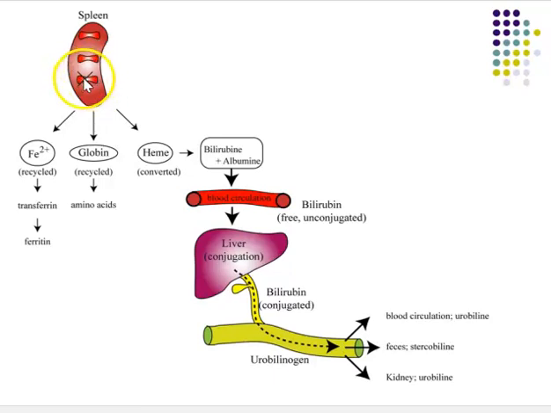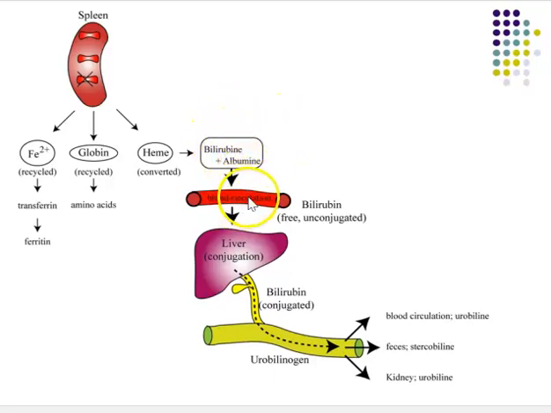So this particular red blood cell has an X on it indicating that that cell is being taken out. Well, when you get down to taking these red blood cells out and piecing them out into different parts, you end up with your iron, your globin, and your heme. Your globin can go on and be recycled into amino acids. The iron can be recycled into ferritin. And the heme is going to go on through a process and be converted. And right here, you're going to have biliverdin.